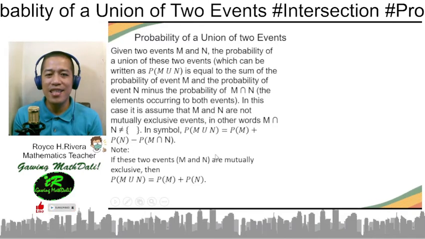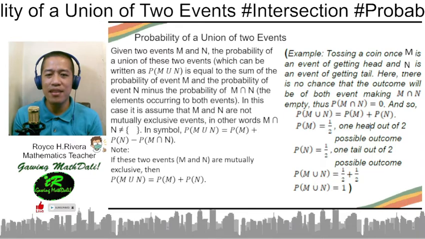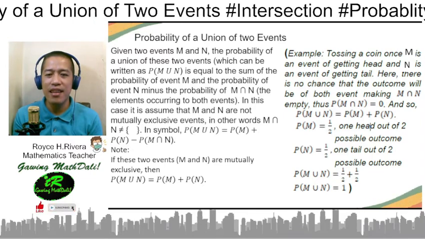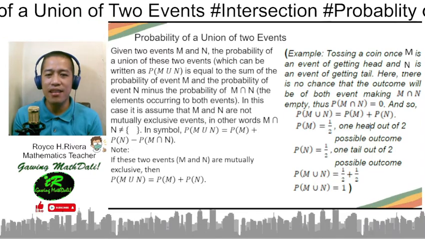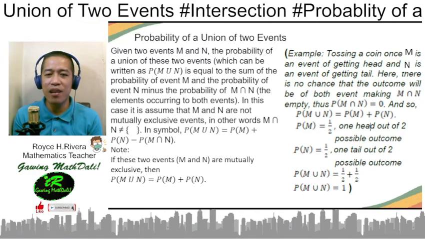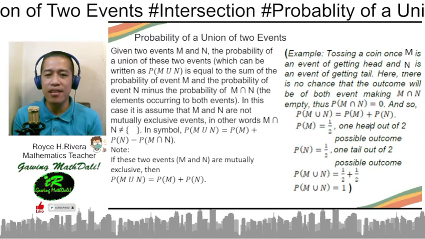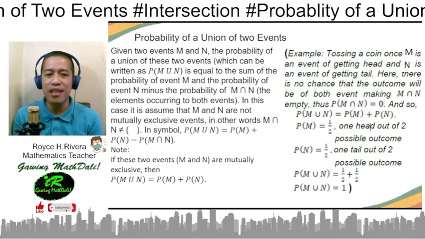Tingnan natin ang example. Tossing a coin once, M is an event of getting head, and N is an event of getting tail. Here, there is no chance that the outcome will be of both events, making M intersection N empty.